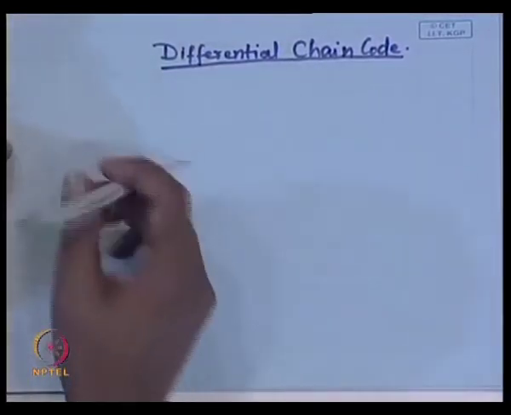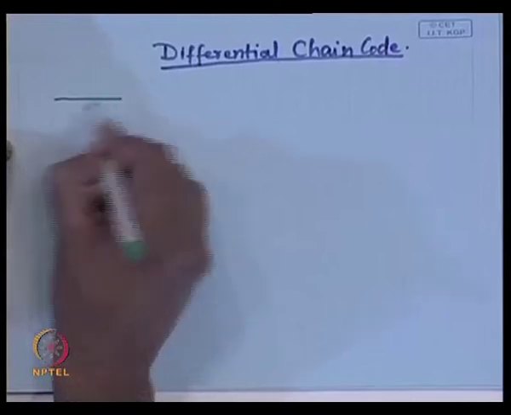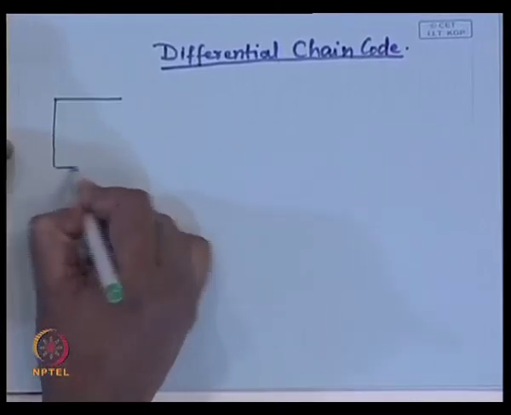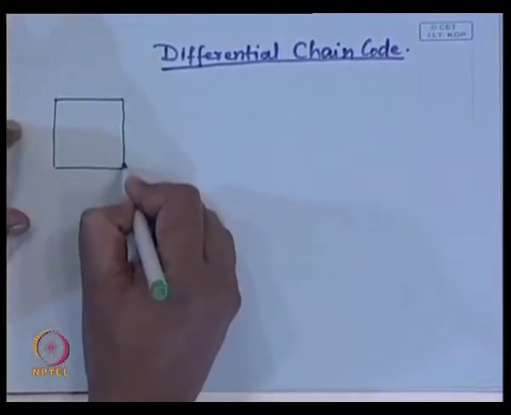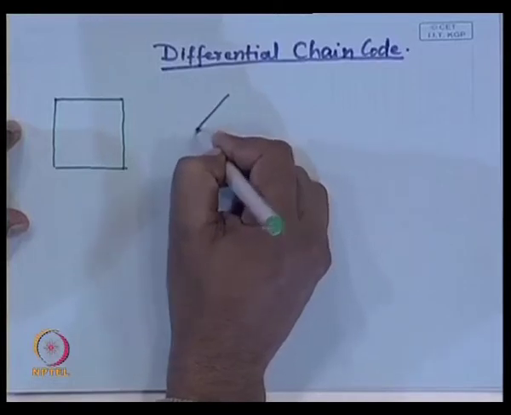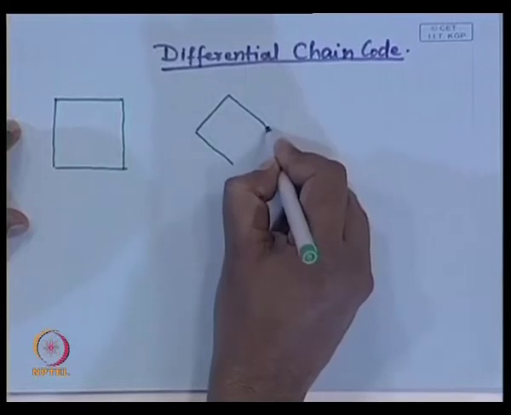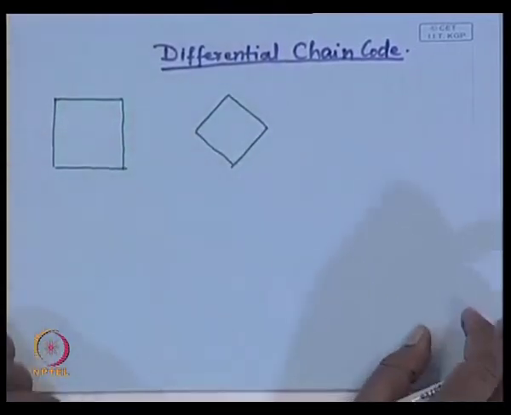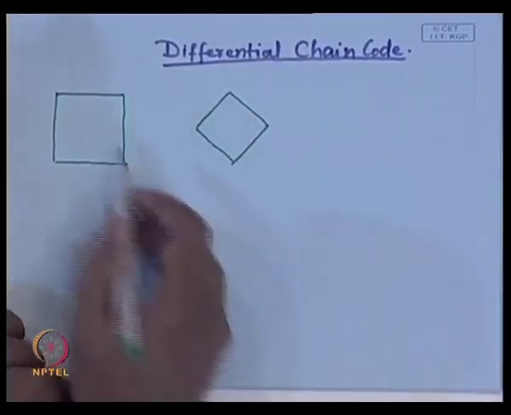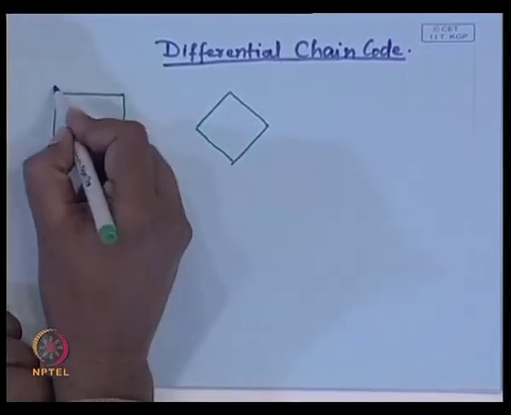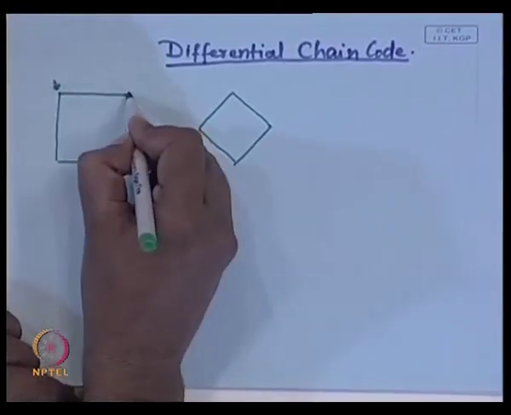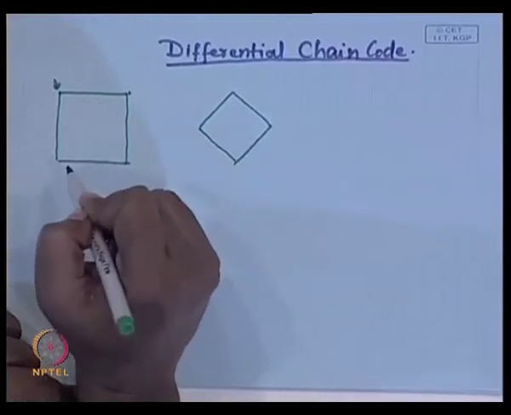So, let us start with the same figure. Now, over here what I do is, when I move from the first point to the second point, I do not give any code to this.